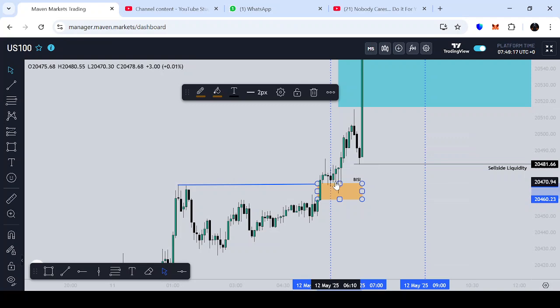Then at 2 a.m., this is 6 a.m. our local time, which should be 2 a.m. New York time. See a price delivery inside an inefficiency, a macro time.